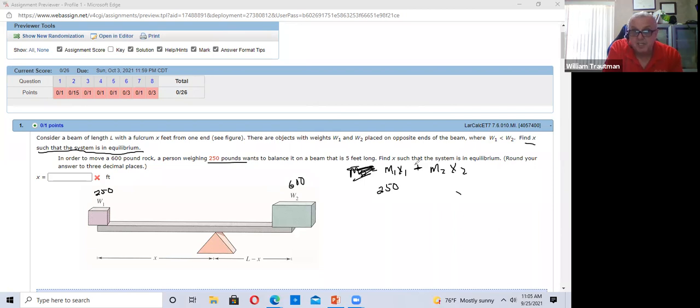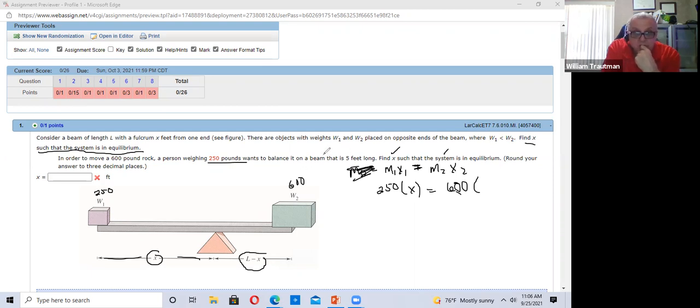The moment on one side has to equal the moment on the other. 250 times x1, and our distance here is x. They labeled it as x. 600 times x2, and x2 they label it L minus x.